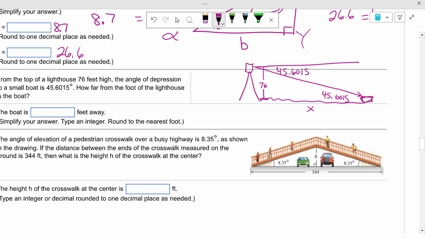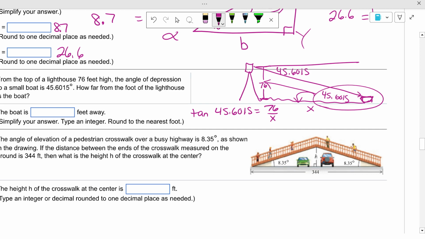Alternate interior angles between two horizontal lines are congruent. So, I have this angle. I have my opposite. I want to find my adjacent. Opposite and adjacent is what trig function? Tangent. So the tangent of my angle, 45.6015, equals my opposite over my adjacent.